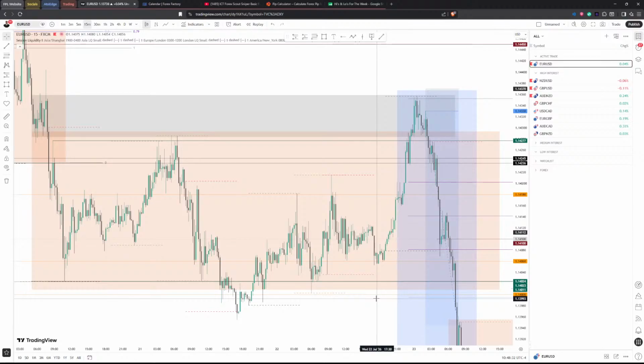I'm going to say small / medium displacement. And then comparison. So small / medium displacement in comparison down to 1.406 level.